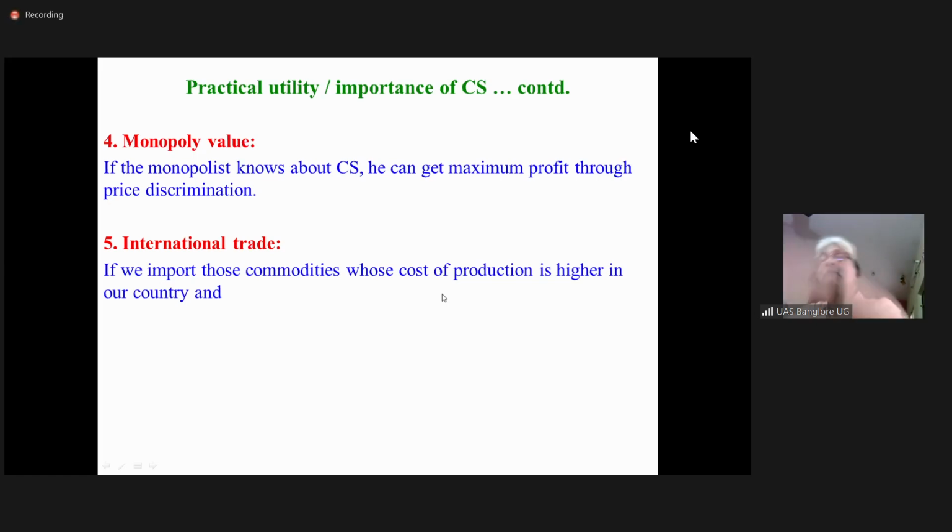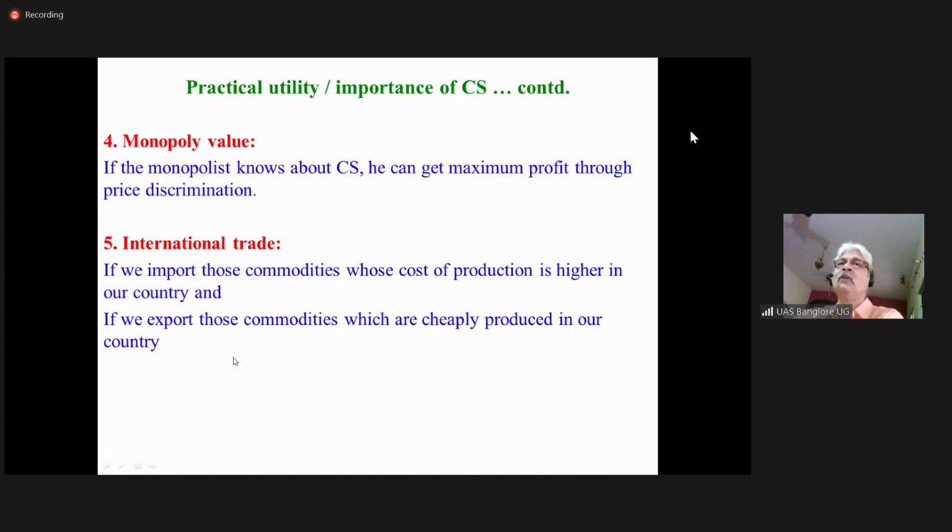But producing apple in Himachal Pradesh is cheaper. So we can import apples from Himachal Pradesh to Karnataka. It is what it says here. We export those commodities which are cheaply produced in our country. Between the two states, in Karnataka, production of coffee is cheaper when compared to Himachal Pradesh. So we can export coffee to Himachal Pradesh.